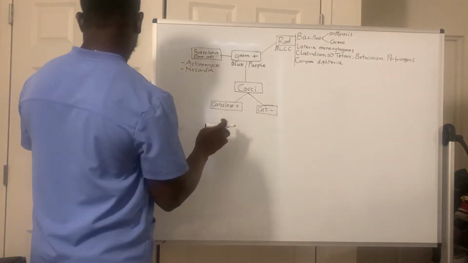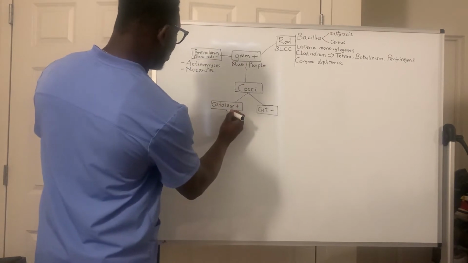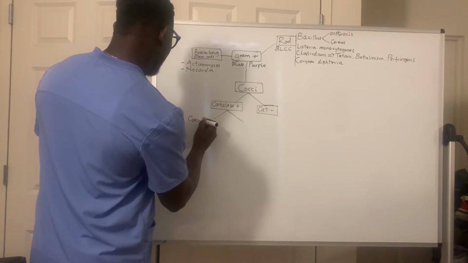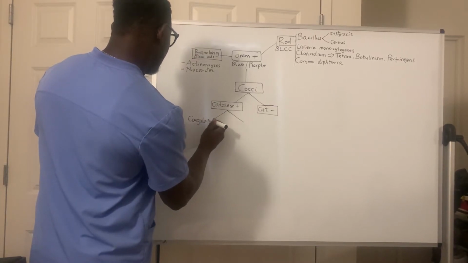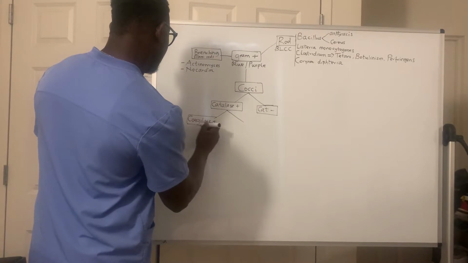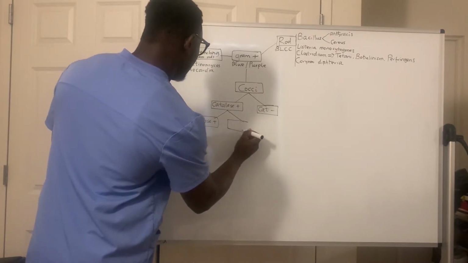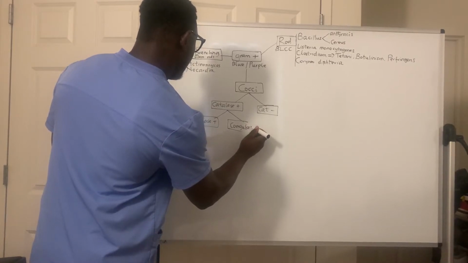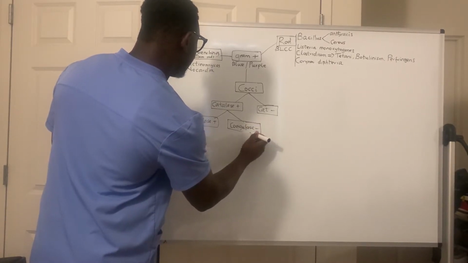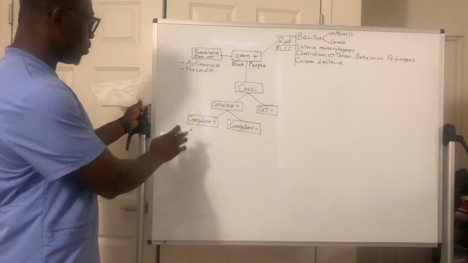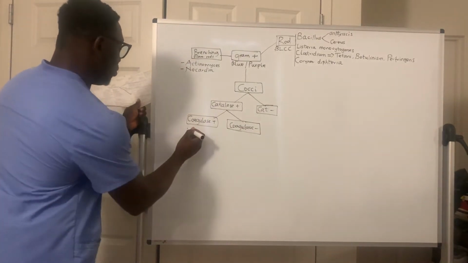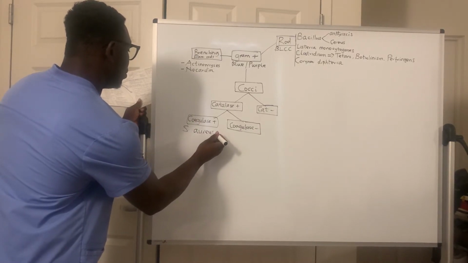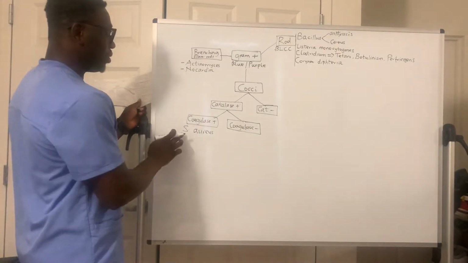When it comes to catalase positive, we can also subdivide this into coagulase positive and coagulase negative. Under coagulase positive, we have Staph aureus, or Staphylococcus aureus.